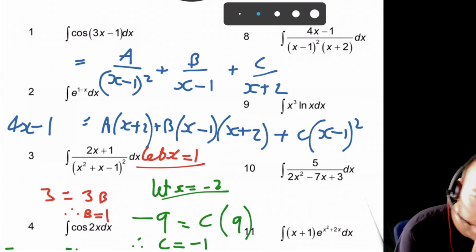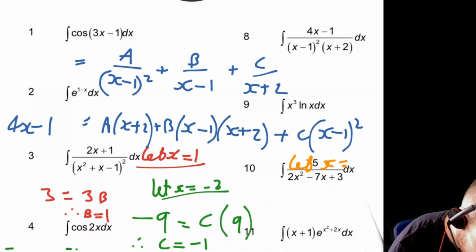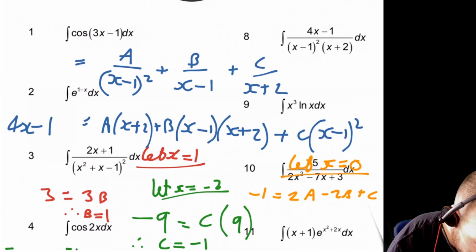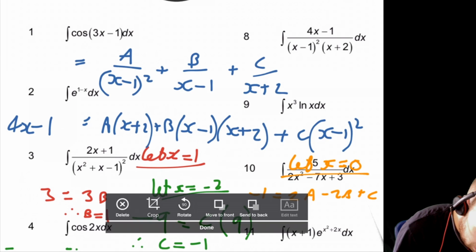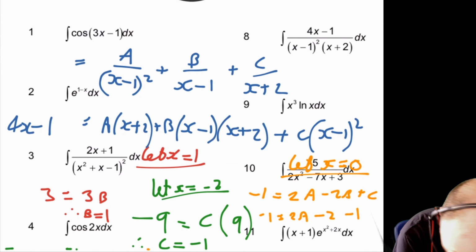And to find b, I'm going to let x equal 0. So we get minus 1 equals 2a minus 2b plus c. So we know a and c, so minus 1 equals 2 take 2 take 1.